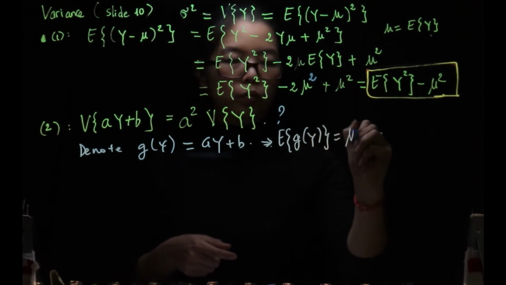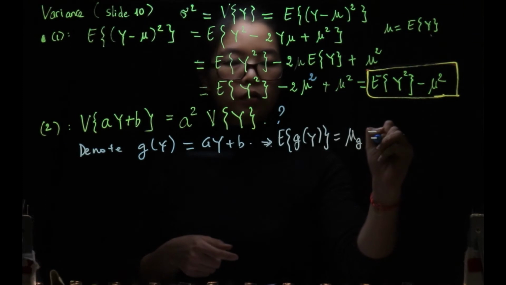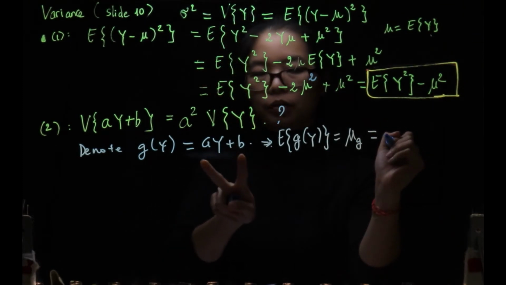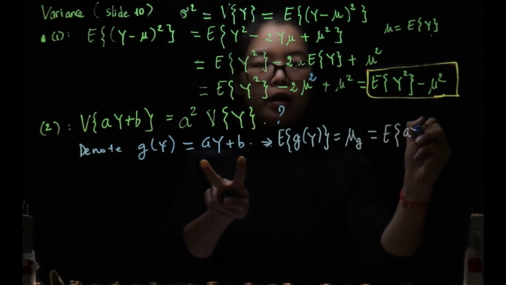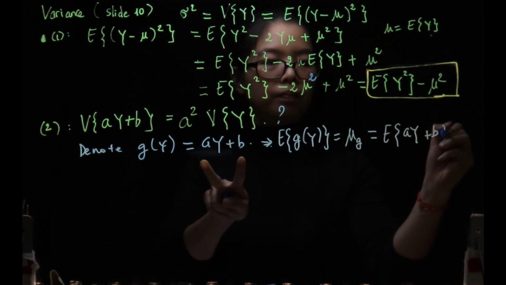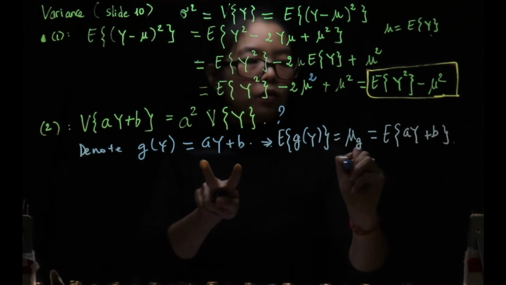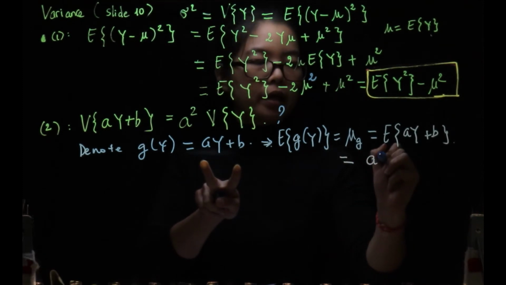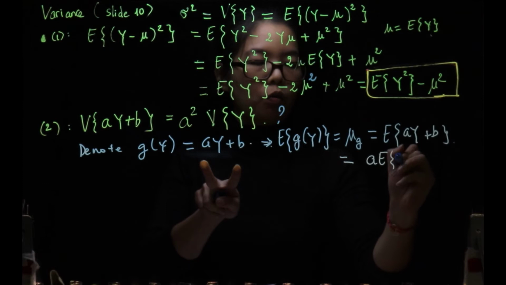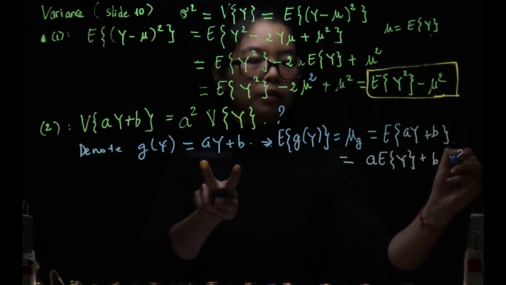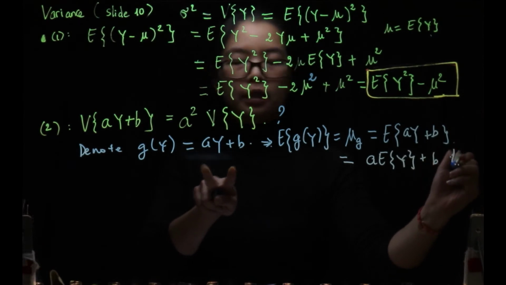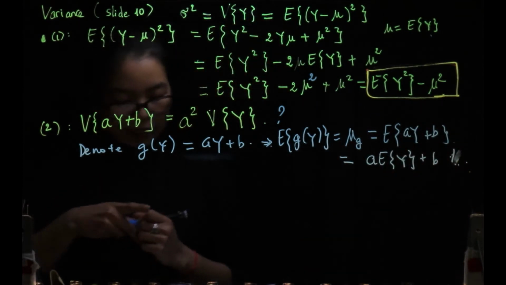We can denote mu g equals, because it's here a linear operator, right? The expectation of ay plus b equals a times the expectation of y plus b. Okay, let's keep that in mind. We need that later.